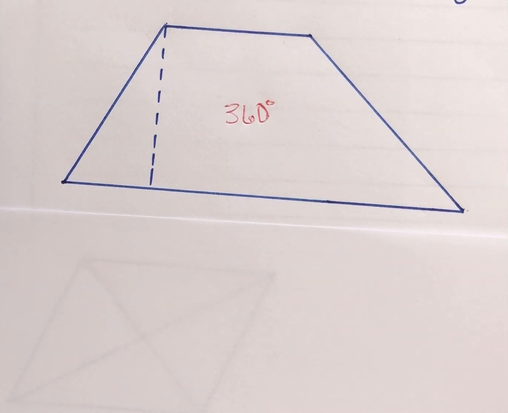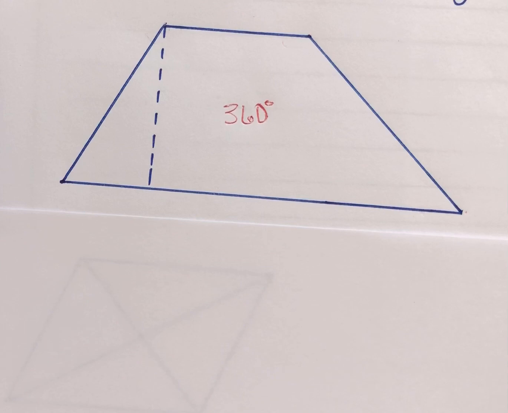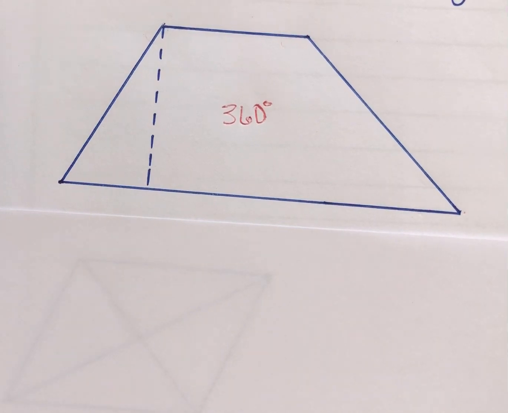Alright, you may know that there are a number of quadrilaterals: trapezium or trapezoid, square, rectangle, kite, rhombus, parallelogram. Yes, they're all types of quadrilateral. Those are the special names given to quadrilaterals.